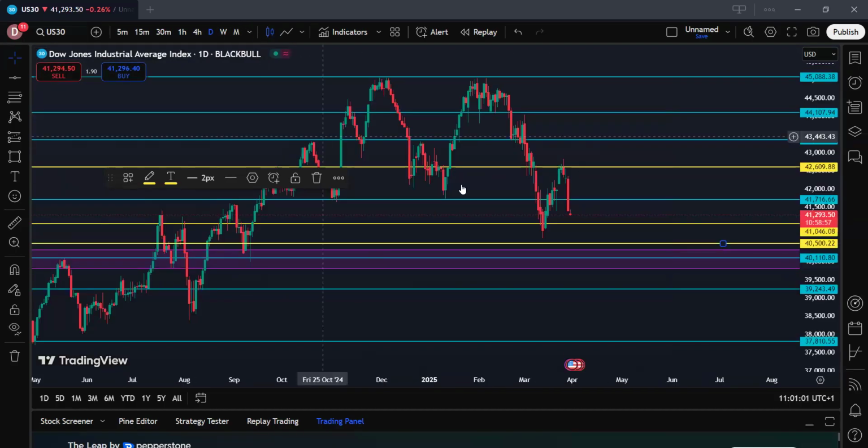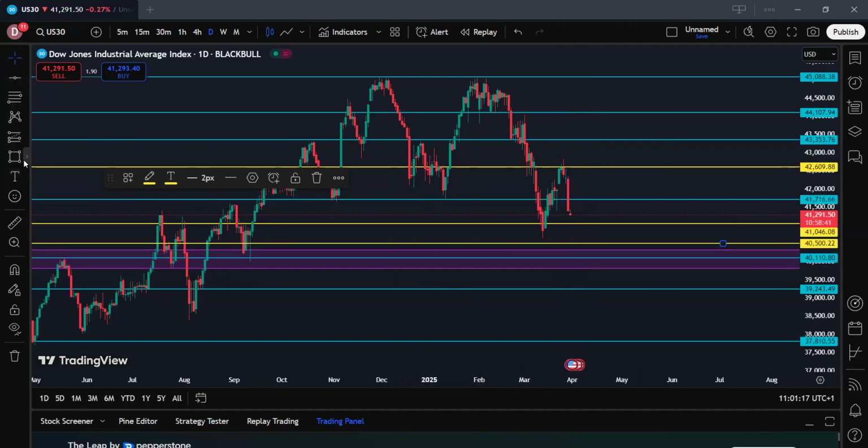So moving forward, we could maybe be seeing a candlestick breaking through these daily zones and then reaching this level here.